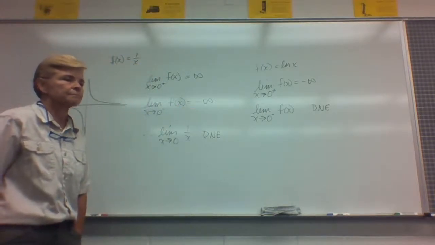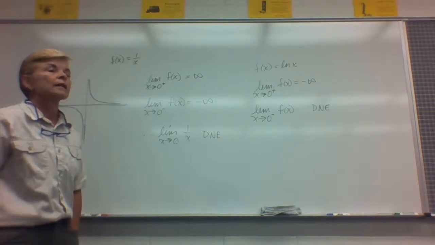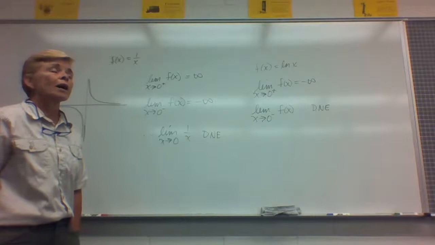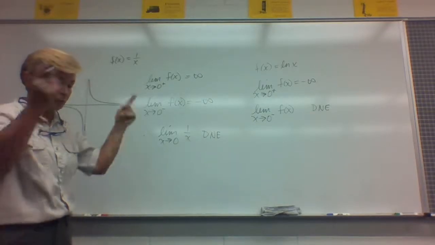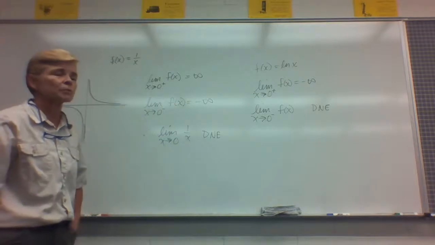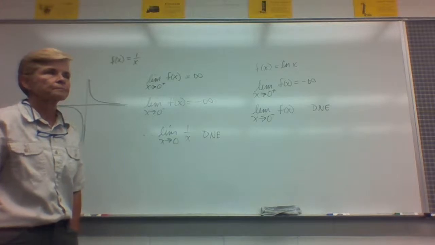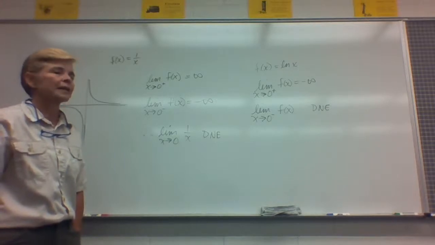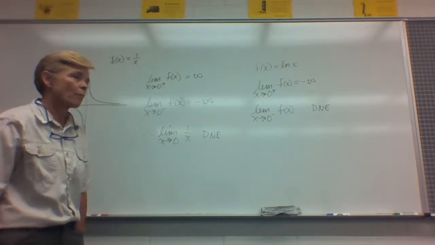No, it does not. So then what's a limit? If the y values approach the same value from left and right. It has to be approaching the same y value for the limit at that number to exist. All right.